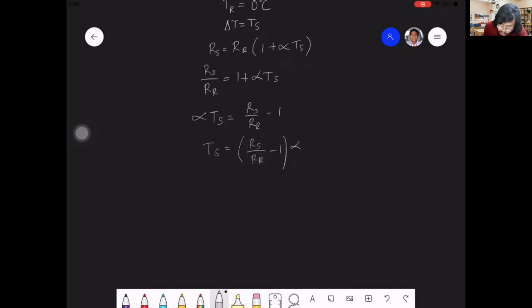But we can still further simplify this so that we can solve simply for just these values without the 1. Okay, we can remove the 1 over here.